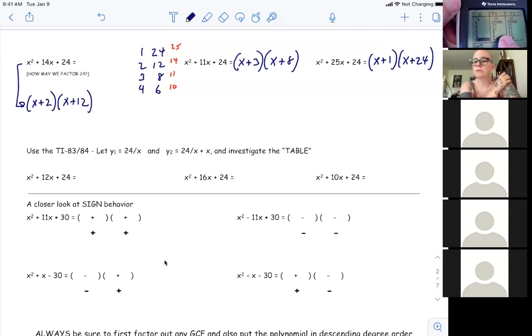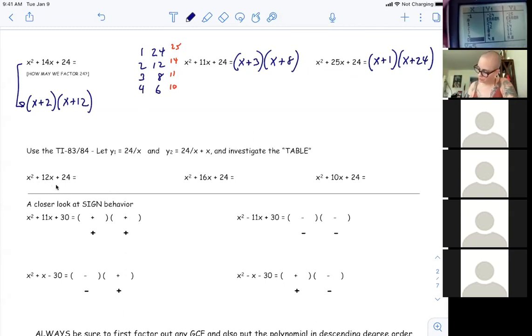So if we look at the next exercise on my worksheet, you're still seeing my screen share, right? We want a 12 in the middle. If we look in this column for 12, look closely over there for 12, it goes from 25, 14, 11.